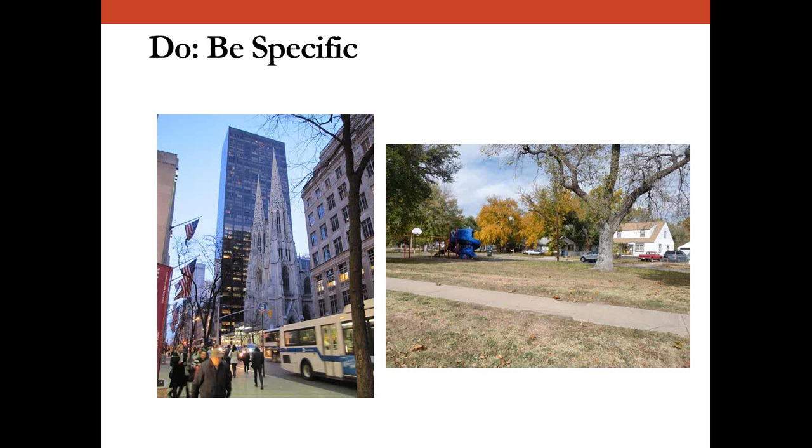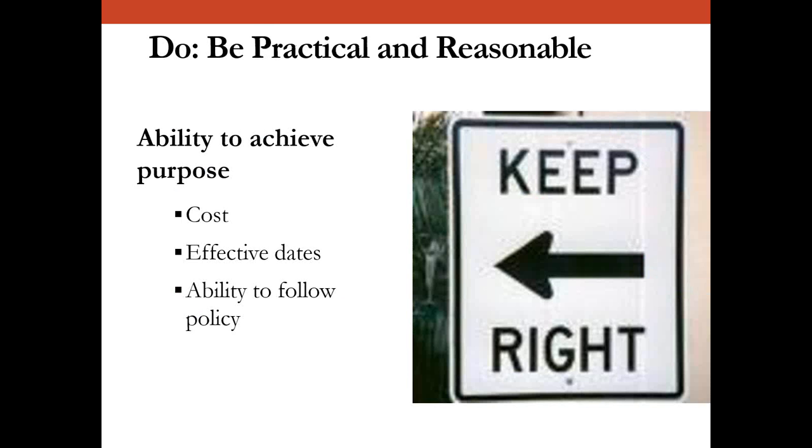What's going to work in Iola is going to be different than what works in Wichita or Kansas City. And you know that more than anything because you're embedded within your communities. But when you're drafting your policies, you want to make sure that you're specific to your own community context and what works for you and the language that's going to work for your community.